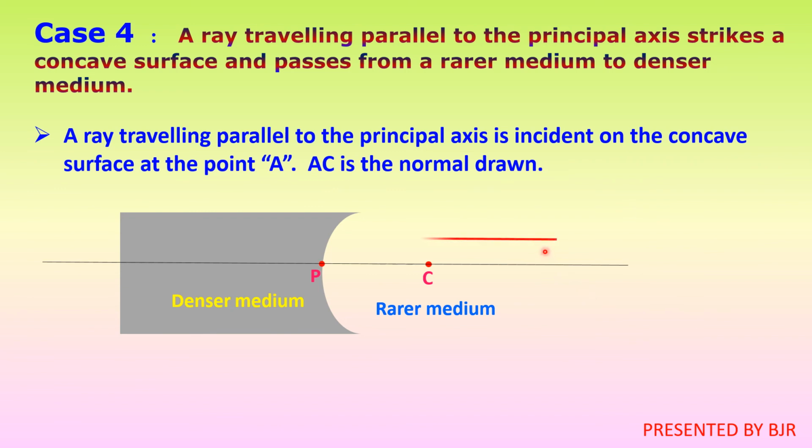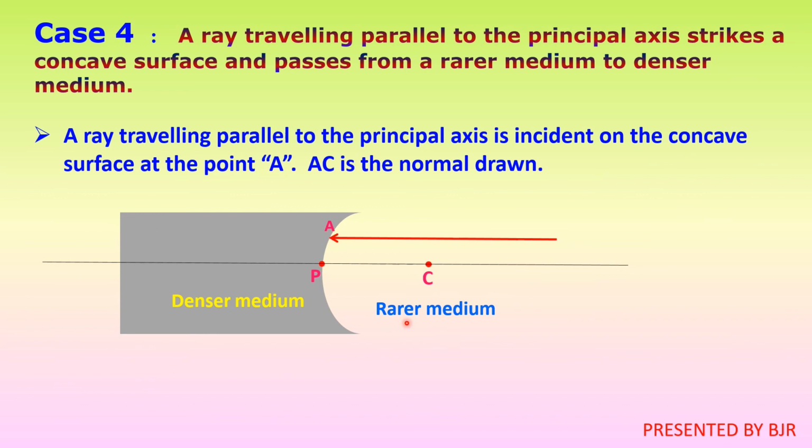This is the ray I am talking about. See here, it is traveling from rarer into denser. And what type of surface is it? It is the concave surface with respect to the incident ray. This surface is concave surface. Okay, so this ray has incident here. The point of incidence is A.